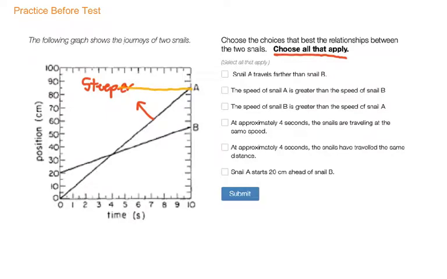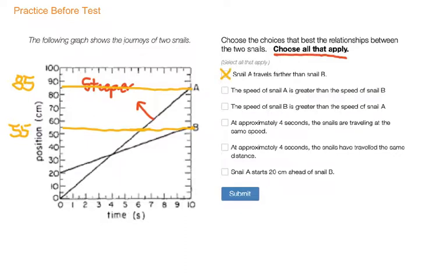Right here, snail A traveled 85 centimeters. How far did snail B travel? Let's go here. About 50, between 50 and 55. So let's say approximately 55. Who traveled farther? We can see from the graph that A travels farther.